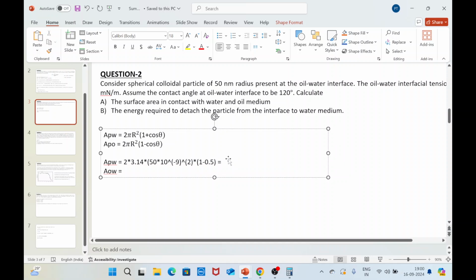It is 7.85 times 10 to the power minus 15. Previously this was because of that square term with r. Again, you have it as r square because surface area is in terms of meter squares, right? So it's 2 pi r square times 1 plus cos theta for water and 1 minus cos theta for oil.